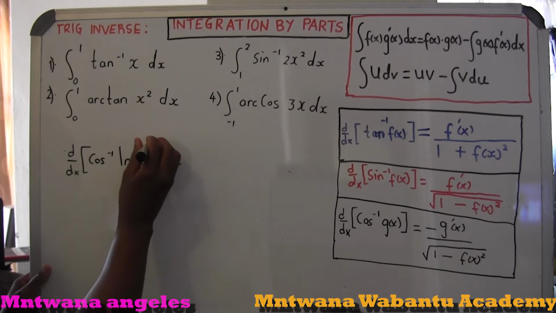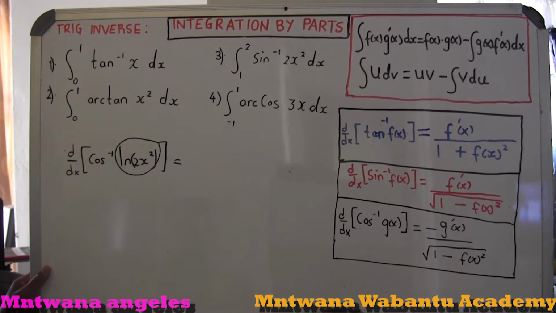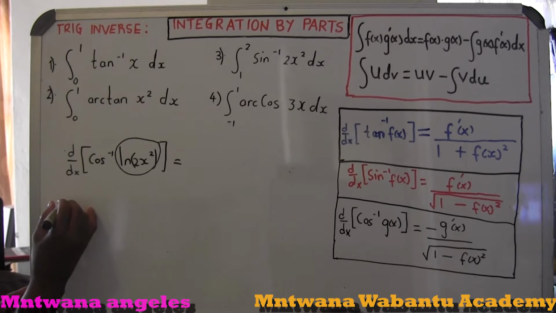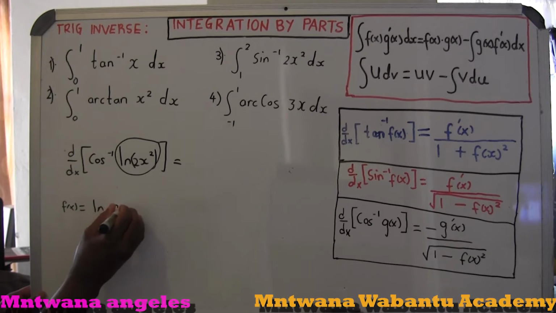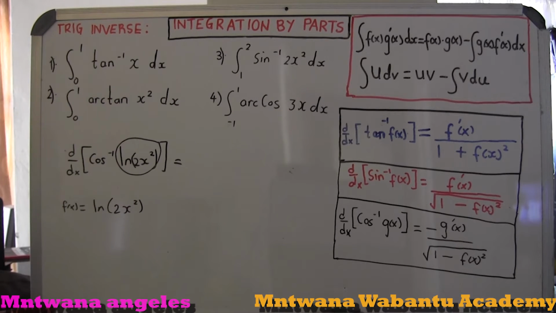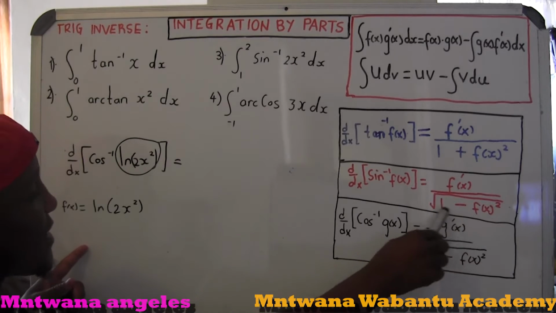Let's differentiate the whole of this function. You can even do it aside. My function equals ln 2x squared. I can take it aside and differentiate it, then write the answer on top.